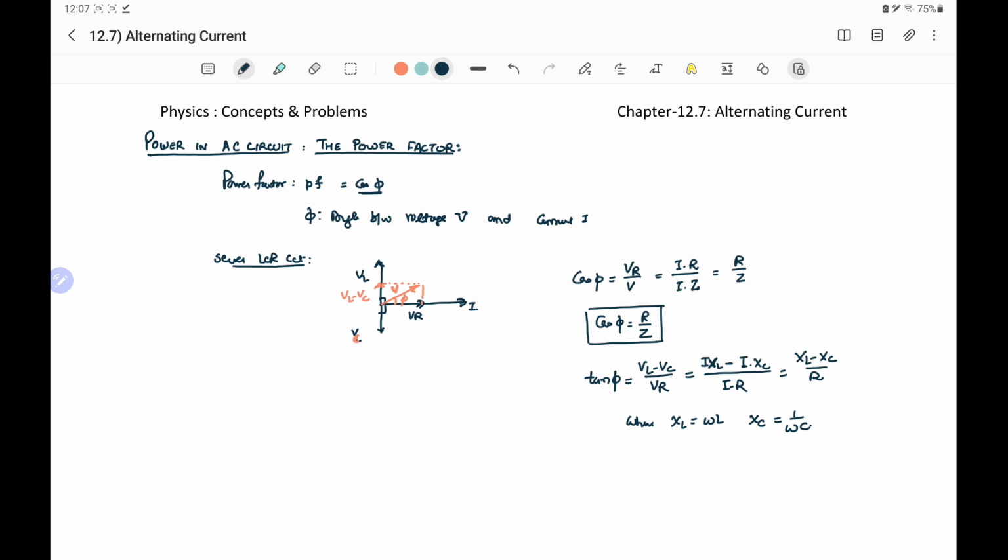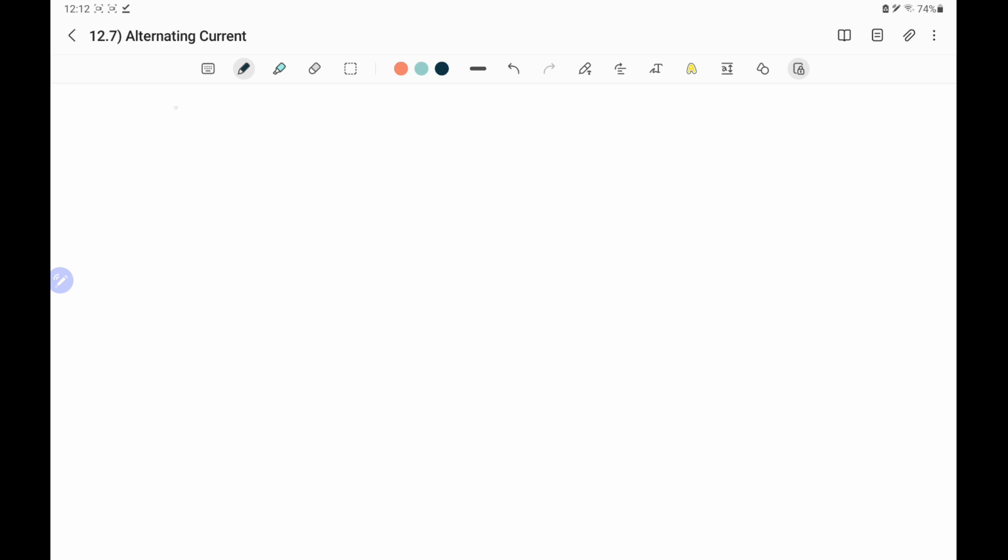Now to find the instantaneous power supplied by the source, we consider that the instantaneous current is Im sin omega t and the instantaneous voltage is Vm sin of omega t plus phi, considering that voltage is ahead in phase of current by angle phi.